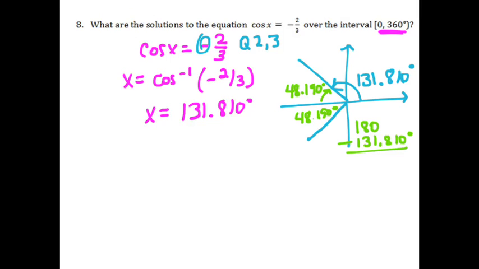And so I'm going to add that to 180. 180 plus the 48.190. And that gives me my other angle, 228.190. And so based on that, it is answer choice B. Answer choice B on your review.